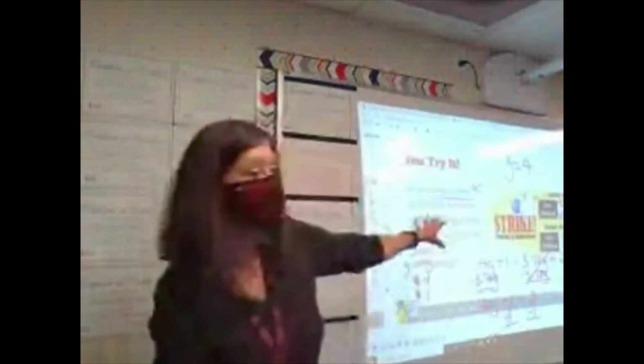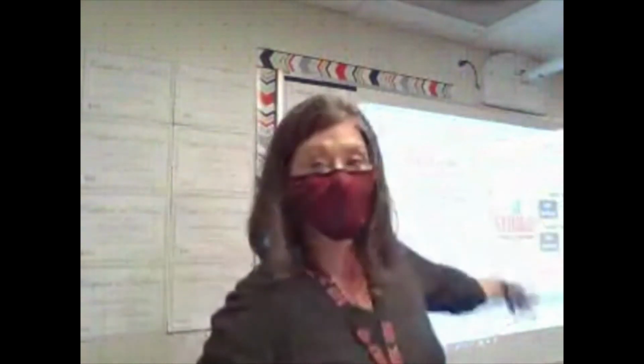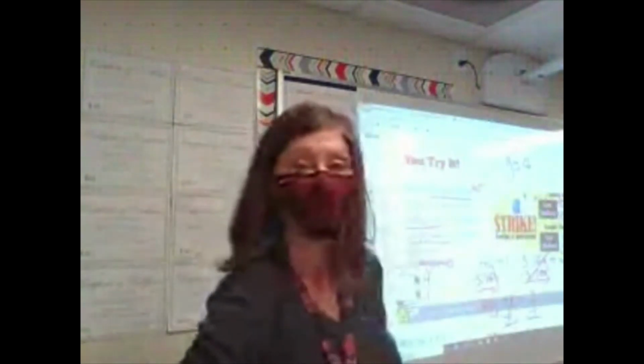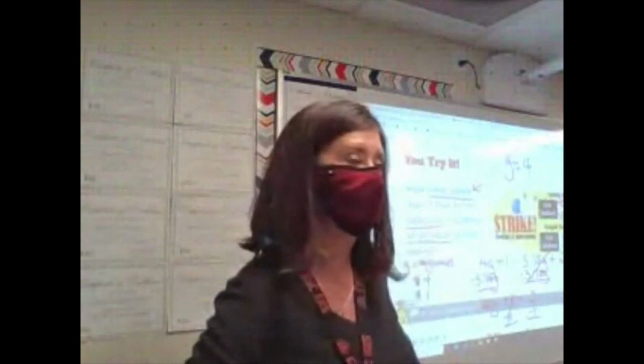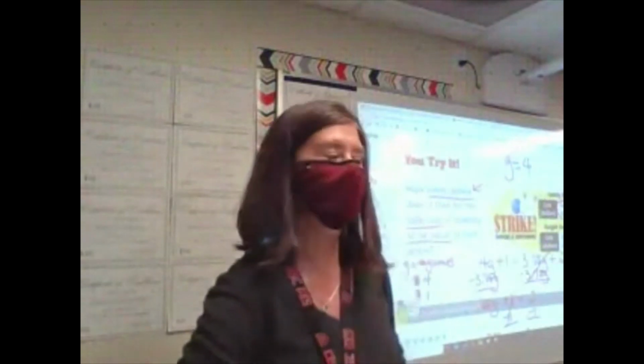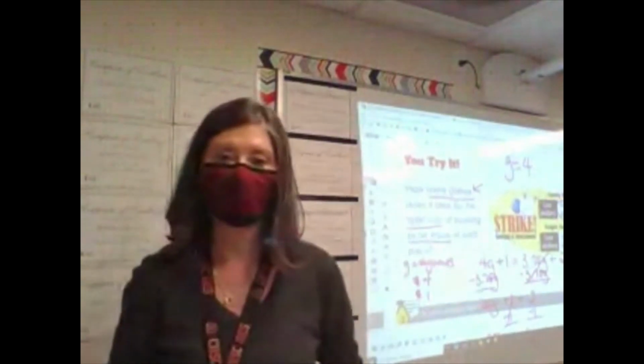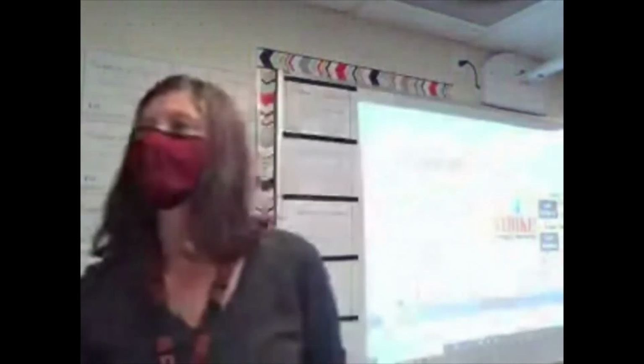We wrote our equation, and then we solved for our variable to find out how many games we could bowl. Lots of steps there. Anybody have any questions on any of those steps or want to review anything? Everyone's feeling okay?